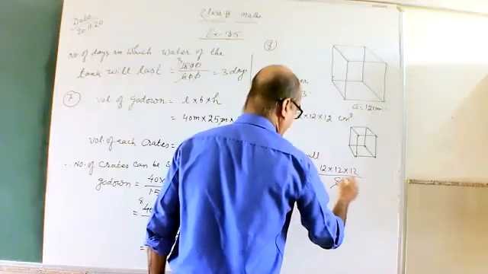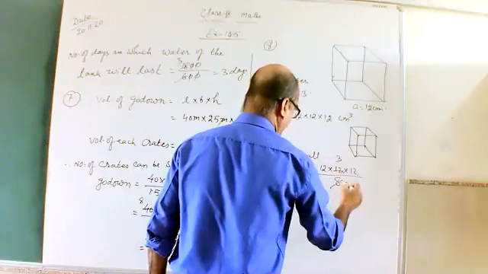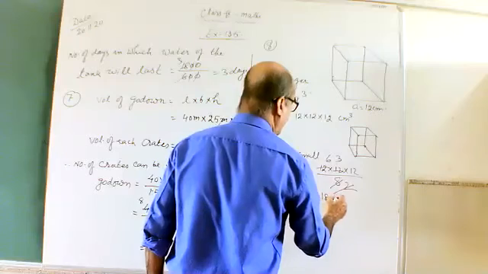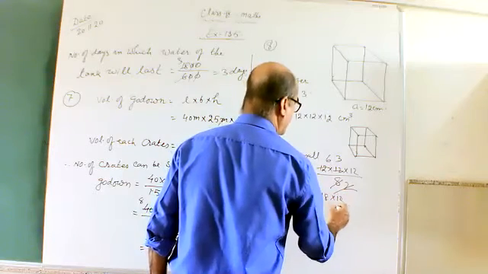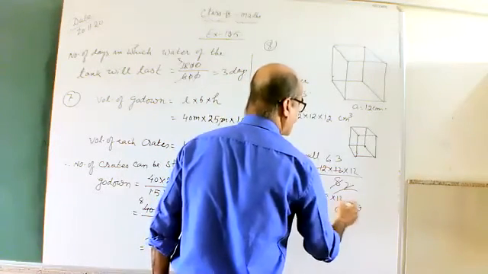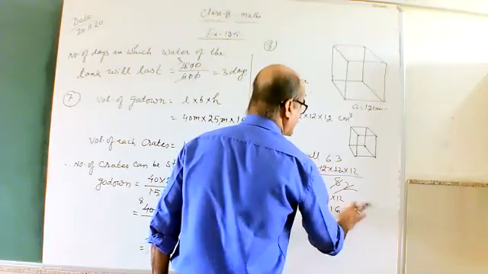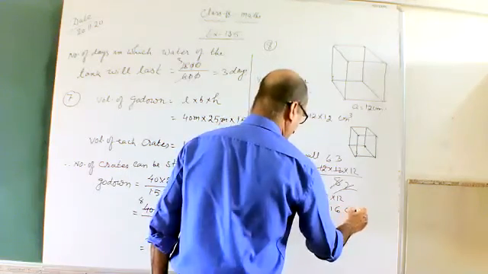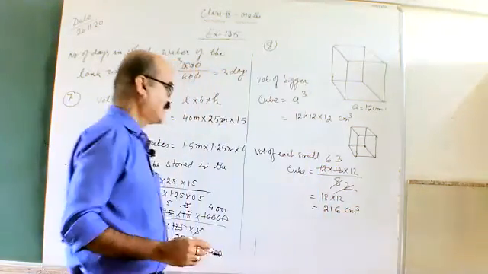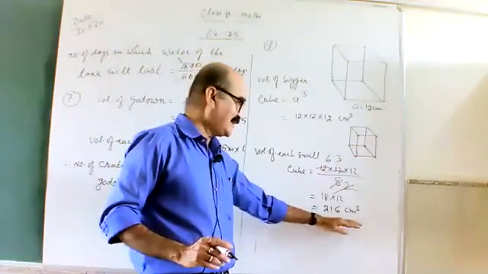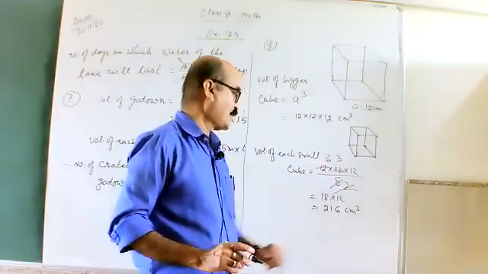So 4 twos are 8, 4 sixes are 12, 2 sixes are 12, 6 threes are 18 into 12, that is 216 centimeter cube. So the volume of each small cube will be equal to 216 centimeter cube.